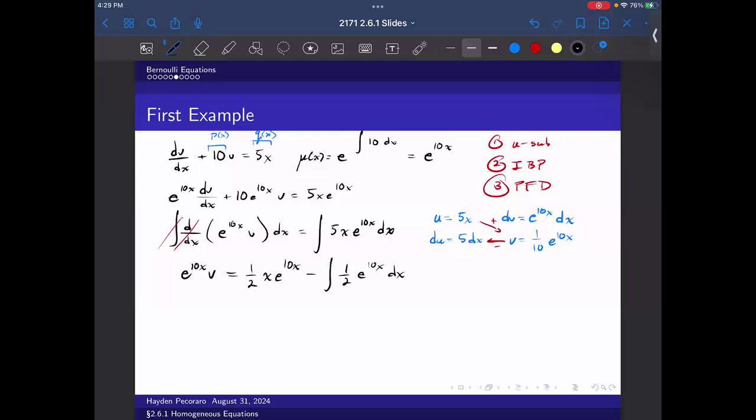Then we go ahead and integrate that, and we get 1/20 e to the 10x plus c.